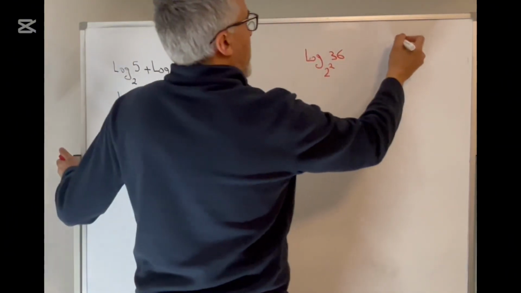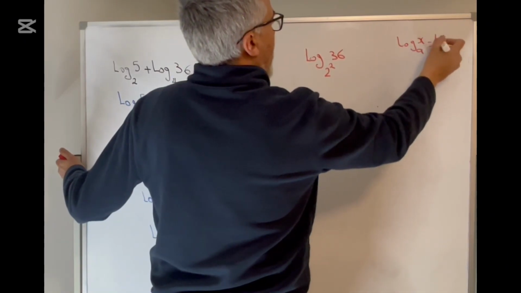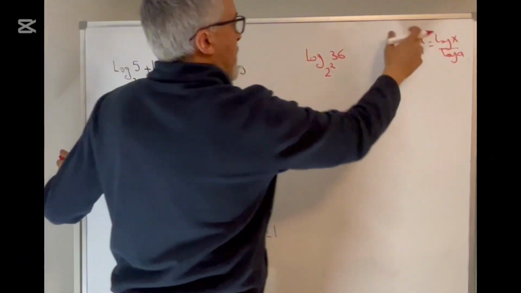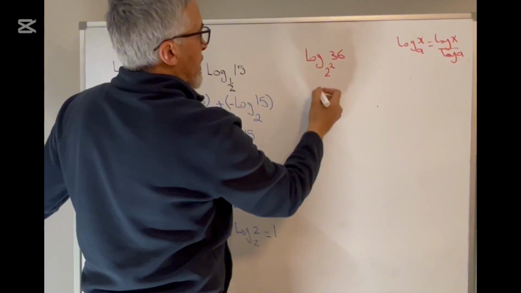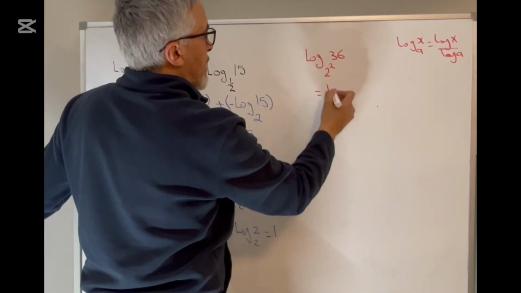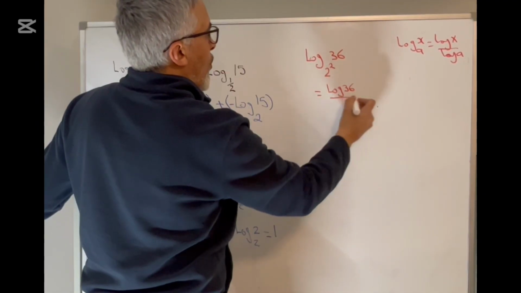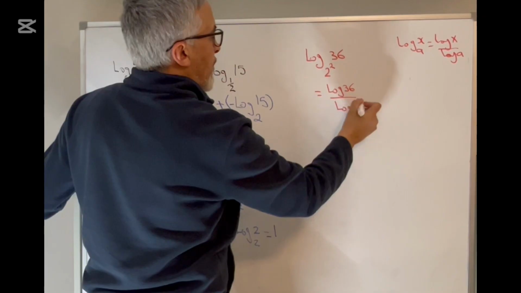Now, most of you remember the change of base: log base a of x, we could change it to log x over log a. So that's a rule, the change of base, and I'm going to apply that to this. So this is going to become log 36 over log 2 squared.